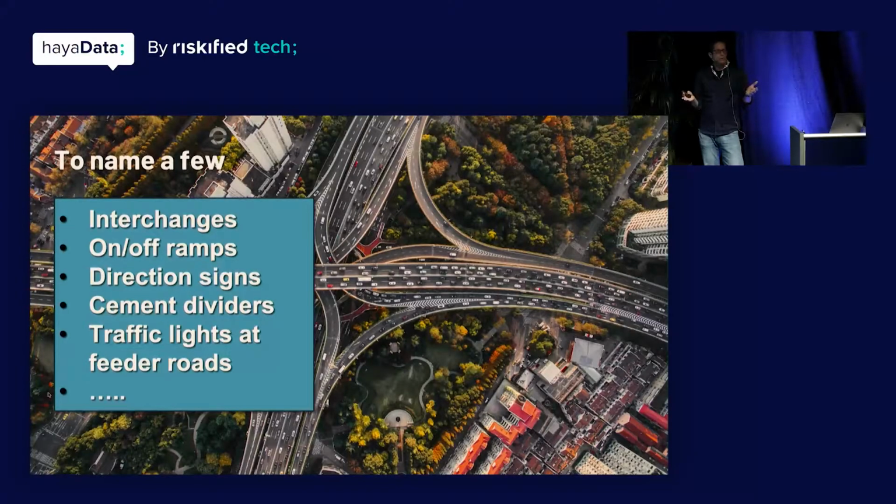Suddenly, the road becomes complex. We have to add direction signs. People get lost on the roads. Cement dividers, traffic lights at feeder roads, and so on and so on. Every one of these features is aimed towards solving some particular bottleneck of scale. And only if we do all of them well, we can ascend to the next level.